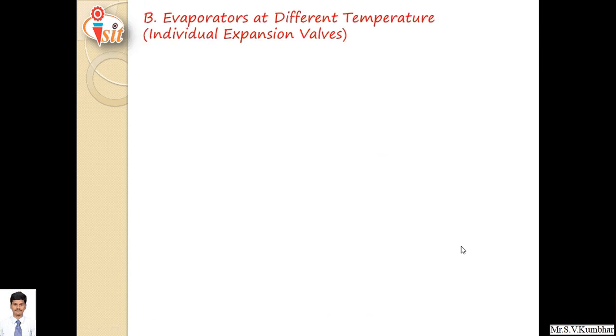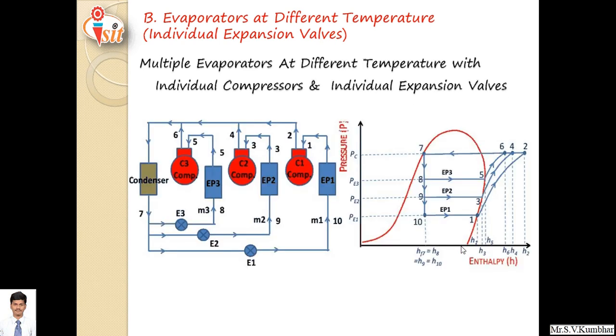Next one, evaporators at different temperature, individual expansion valve is used. Now in this case, an individual compressor is used for each separate evaporator, as well as separate expansion valves, but a single condenser is used for this system. So consider first compressor 1.